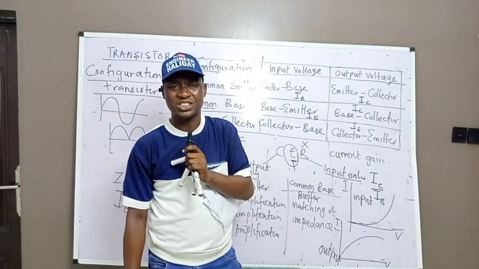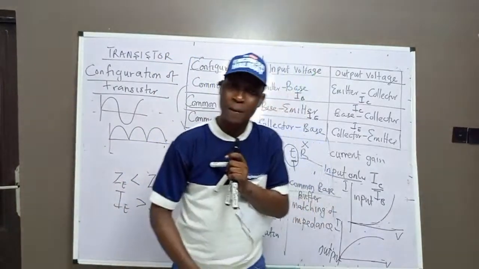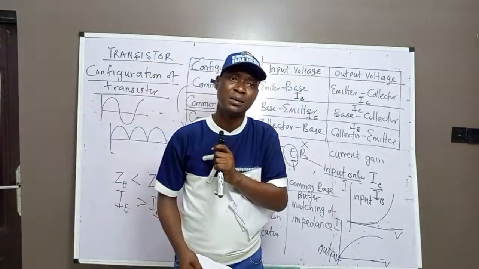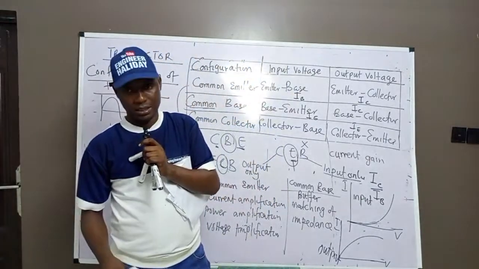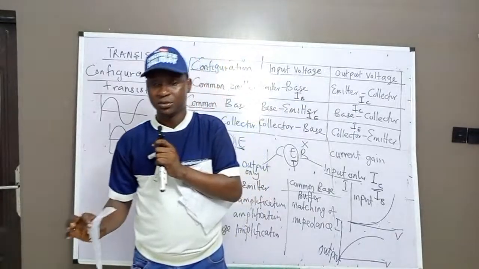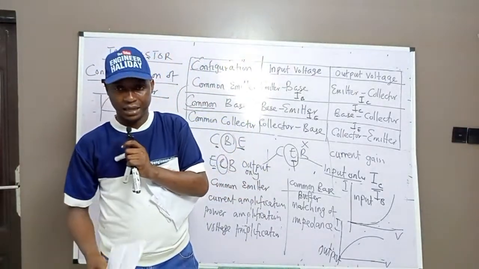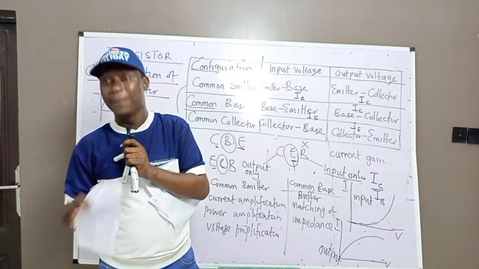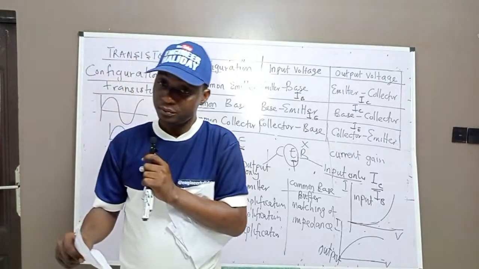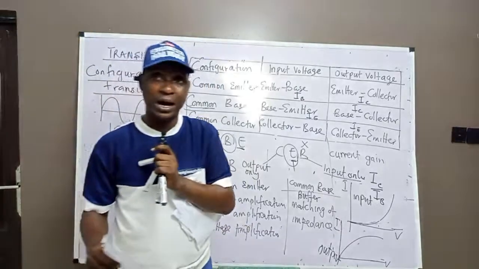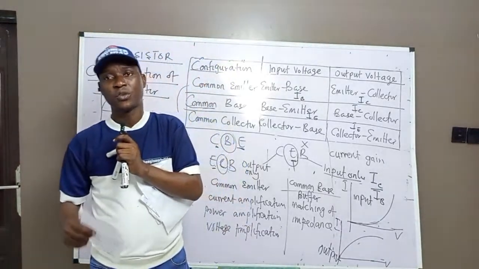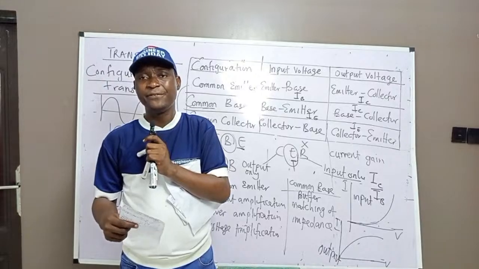And when you have a good transistor, that means it functions better as an amplifier. That one is A level. So that's why I don't want to talk about current gain too much. But don't forget, current gain is simply output current over input current.